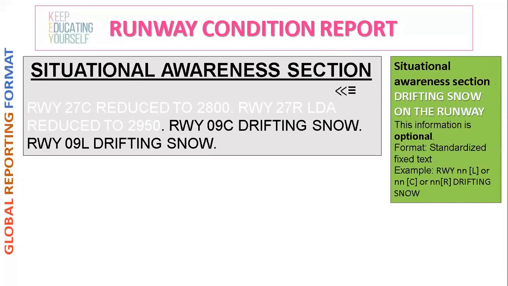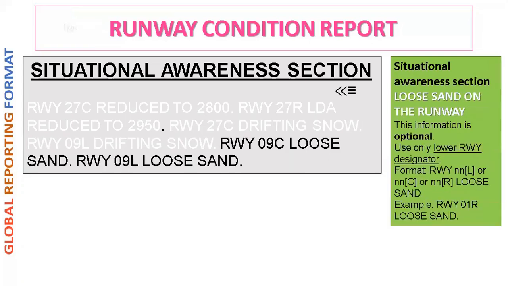Now the next section, drifting snow on the runway. So first thing we have done, now runway 09 Charlie drifting snow. This information is optional. The format I have already mentioned, runway 09 left drifting snow. You can mention drifting snow on the runway. Then loose sand on the runway. Always we have to use the lower runway designator here. So except for landing distance available, if you see in the situational awareness section, you have to go for the lower designator only.